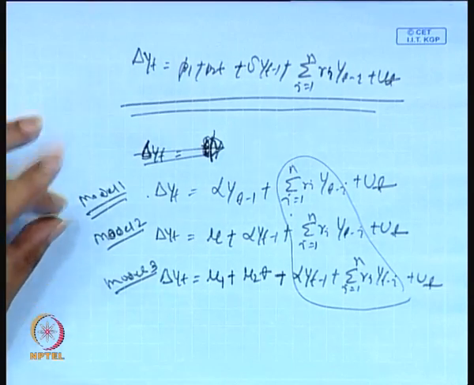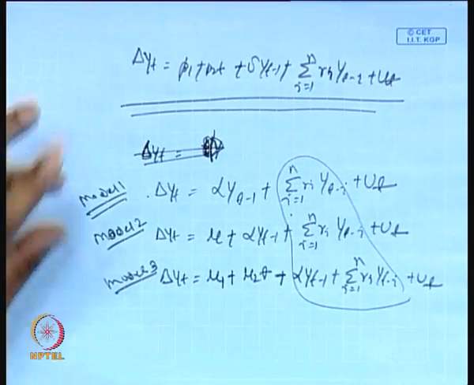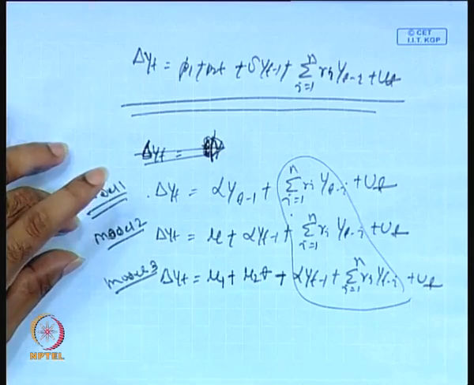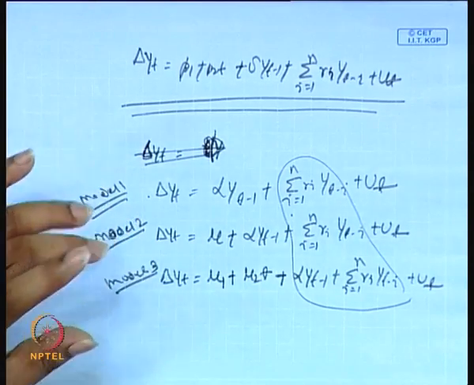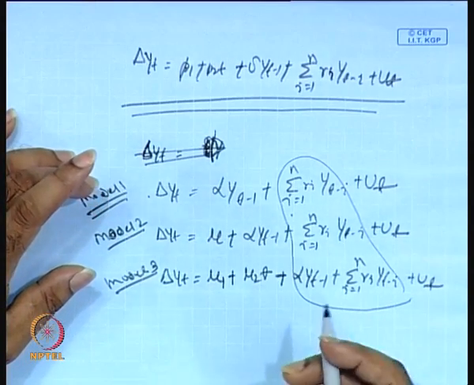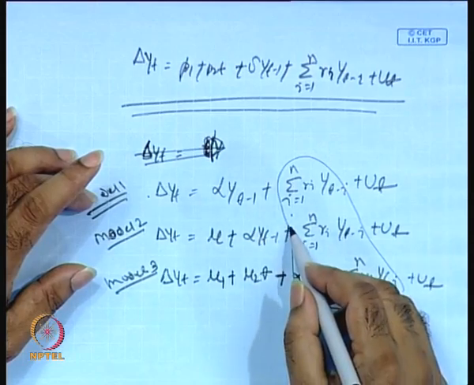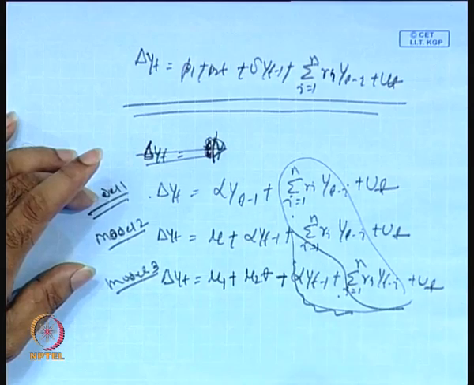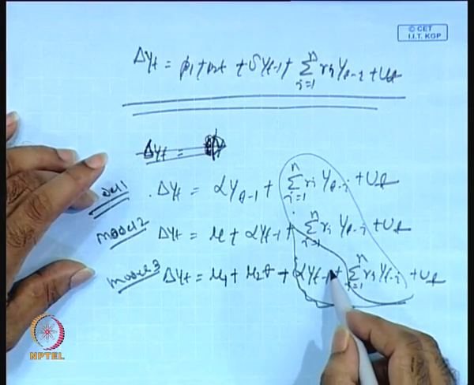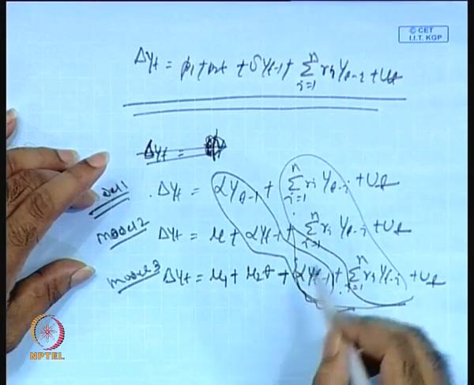In the first model, it is the model with no trend and no drift. This is with drift, no trend, and this is with drift and trend. Okay. So, now in every case our objective is to handle this particular framework.